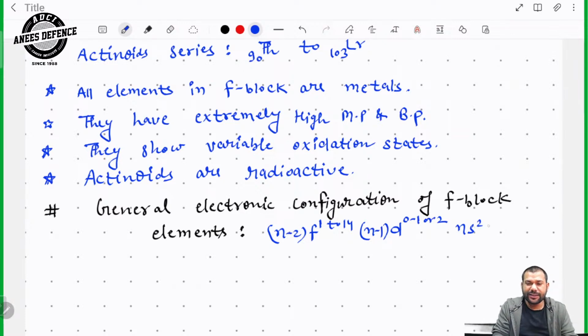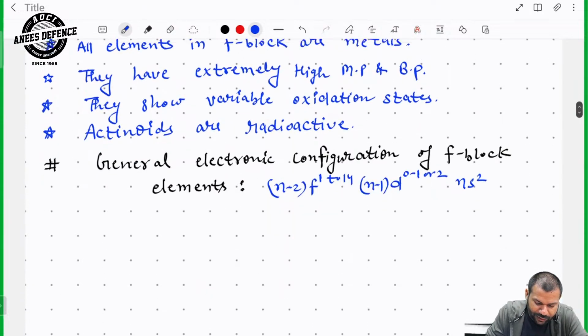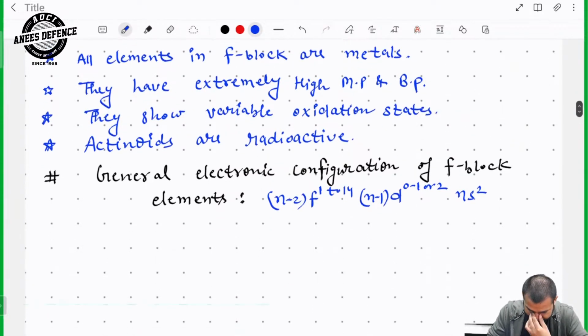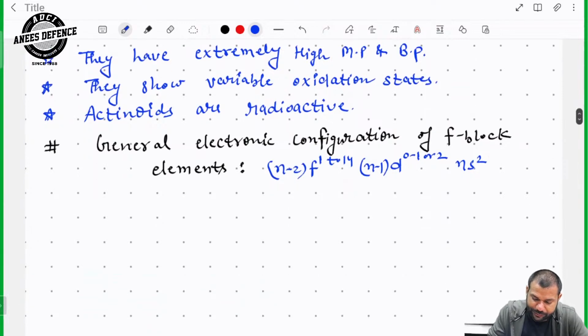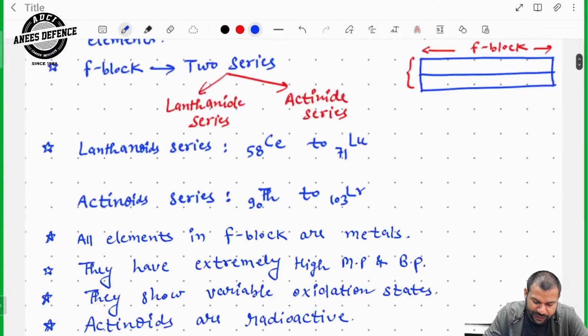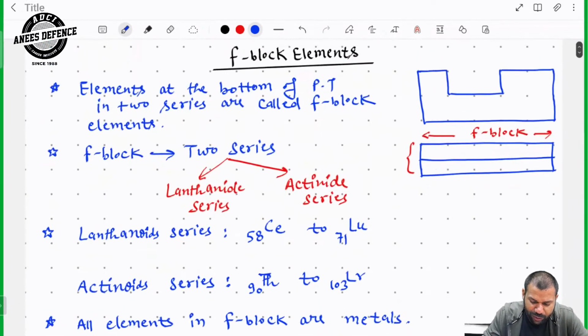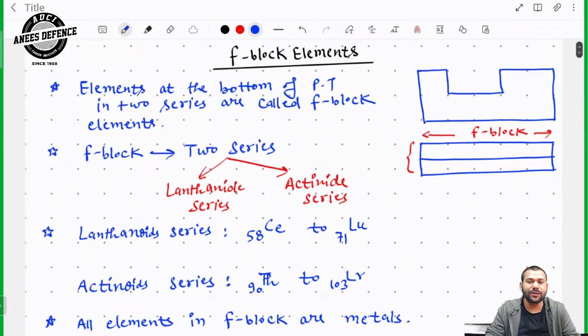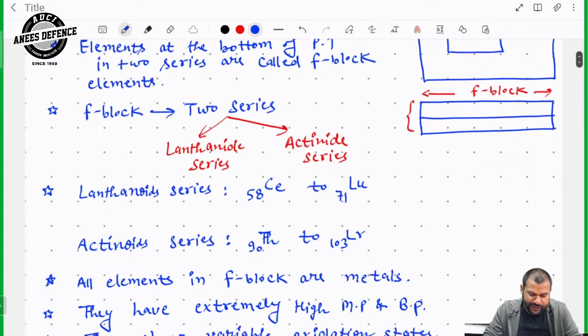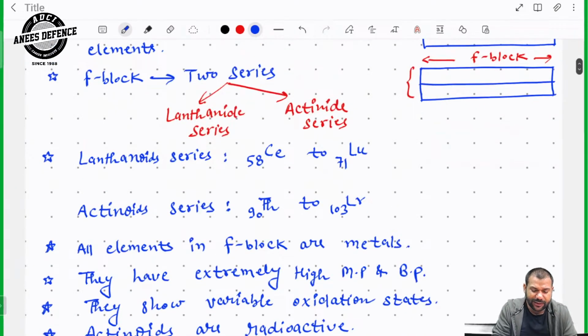This is the general electronic configuration of F block elements, right? So these are the general basic properties of F block elements. The main point is that there are two series in F block elements, lanthanoid series and actinoid series.